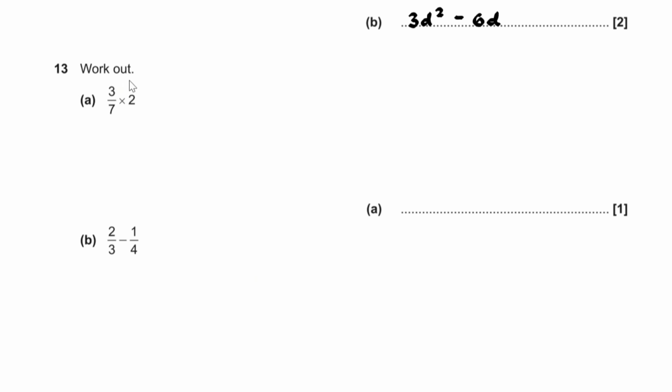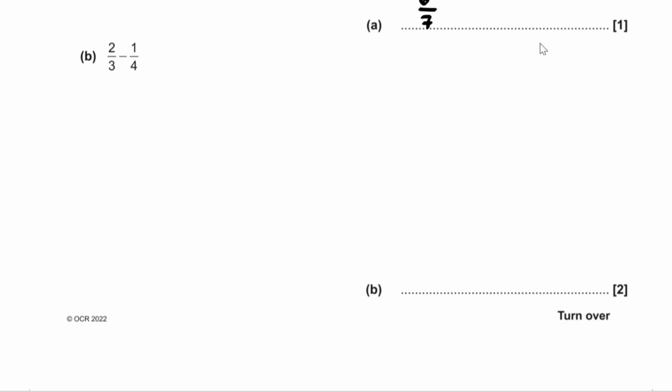Question number 13, we have to work out for part A 3/7 times 2. Well, 3 times 2 is 6, so we have 6/7. Part B, we have to work out 2/3 subtract 1/4.